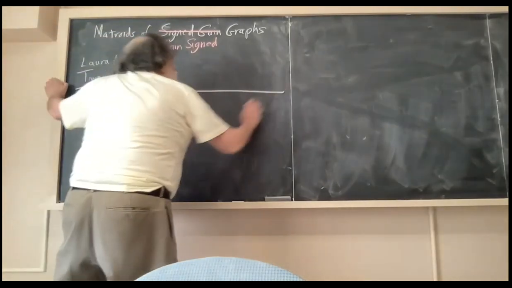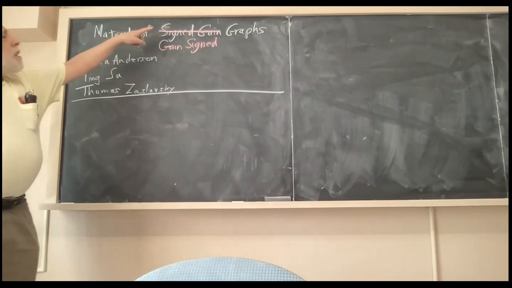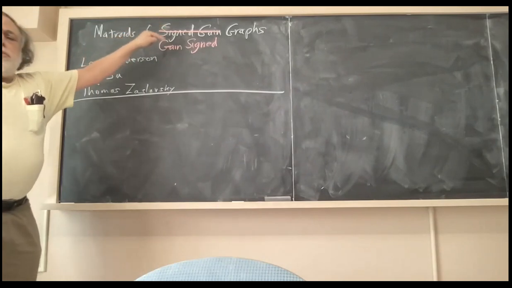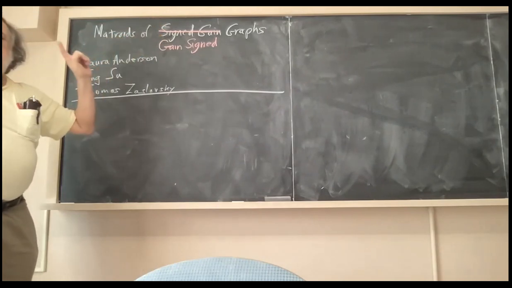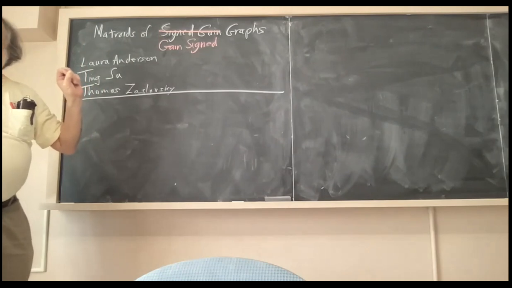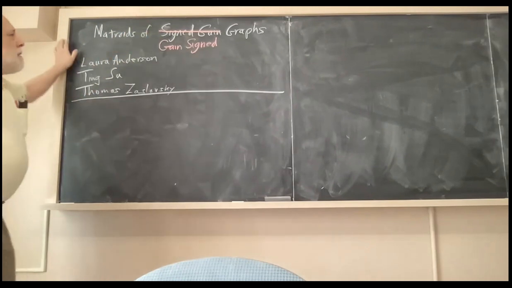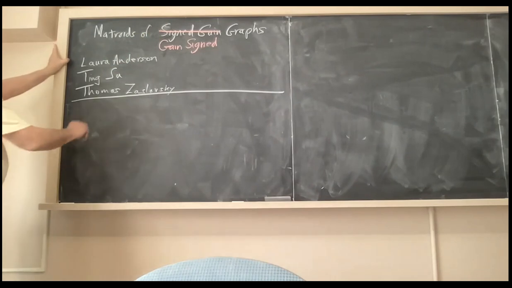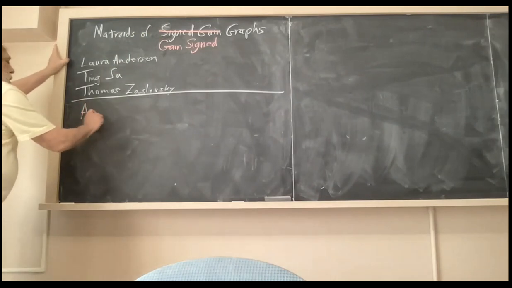Okay, so first of all, the difference between these two orders of words is crucial to the whole subject, but I will explain later. Okay, what's an arrangement of hyperplanes?